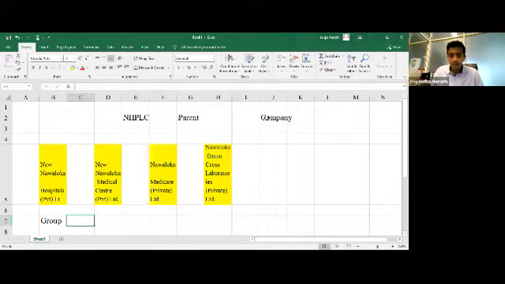So is it clear in the annual report? You can see the company column and the group column. When you refer to the company column, you are referring to Navaloka Hospital PLC.